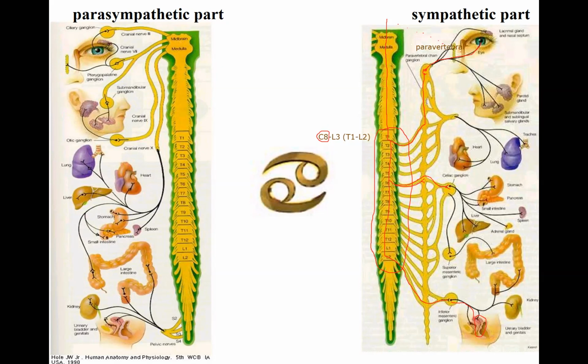The paravertebral ones are the same as the sympathetic trunk. So the sympathetic trunk is the same as the paravertebral ganglia.